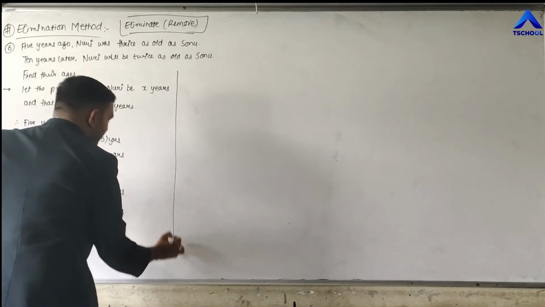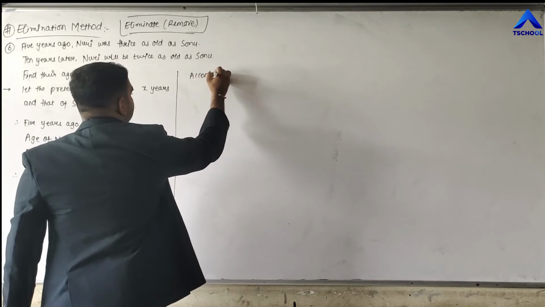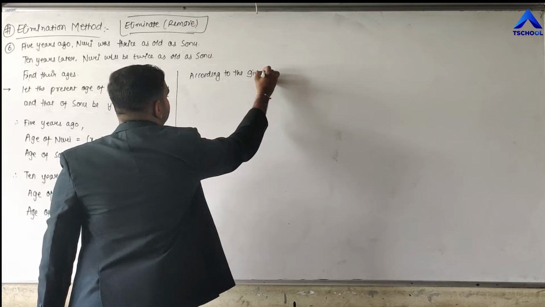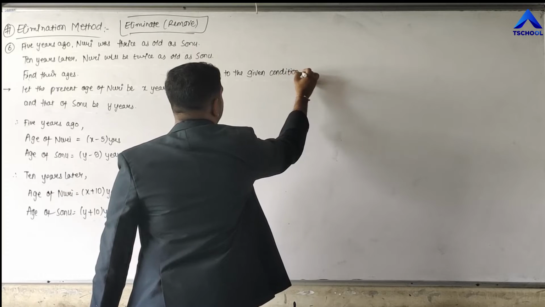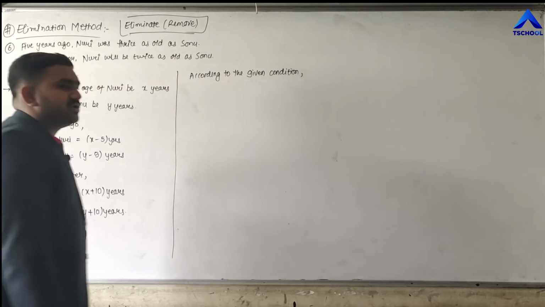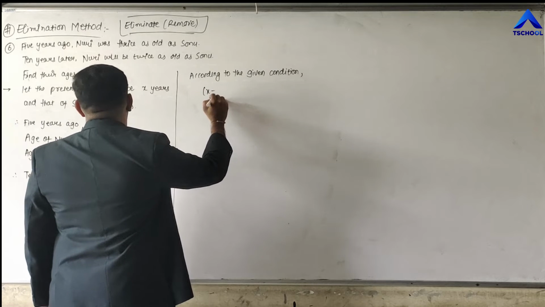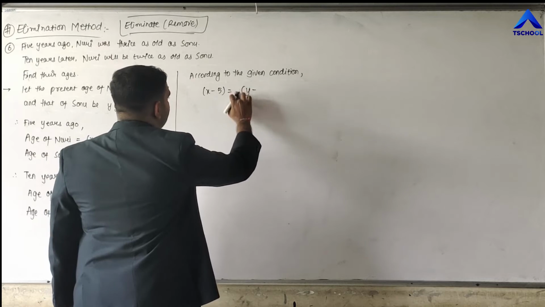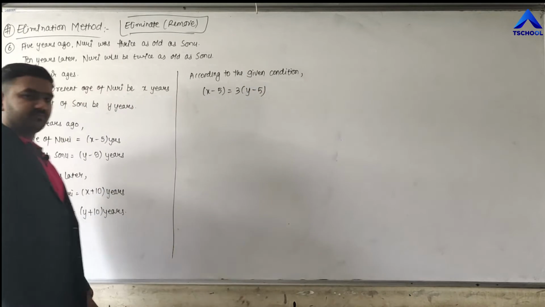Now let us fit them in the condition given. So according to the given condition, what can we say? That age of Nuri is thrice the age of Sonu before 5 years.